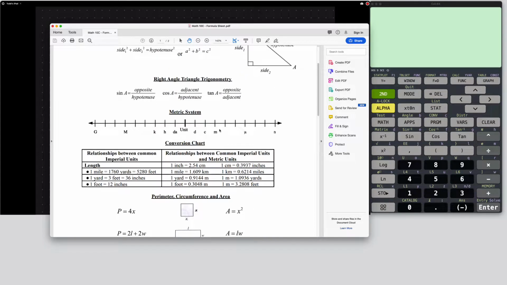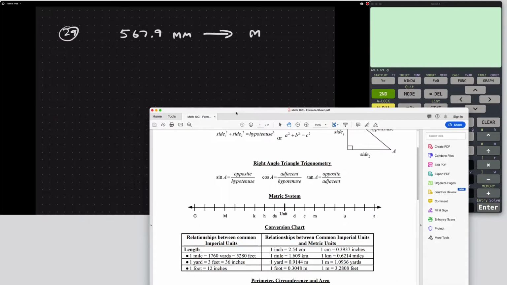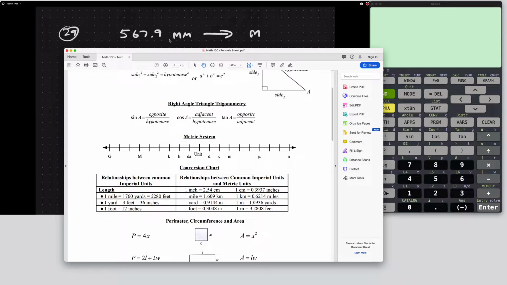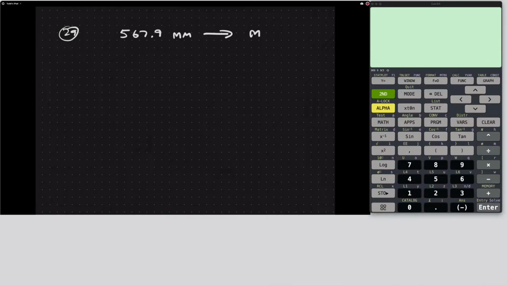Okay, so let's take a look right here. Remember, we're going from millimeters to meters. So that's starting right here. This is the unit, meters. So it's deci, centi, milli. So we're starting right here and we're going to meters, which is to the left, 1, 2, 3 jumps. So literally the chart tells us to move to the left 3 units.